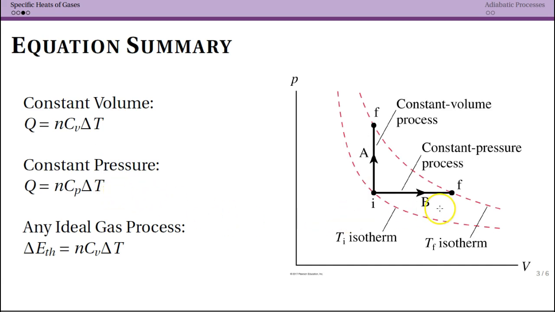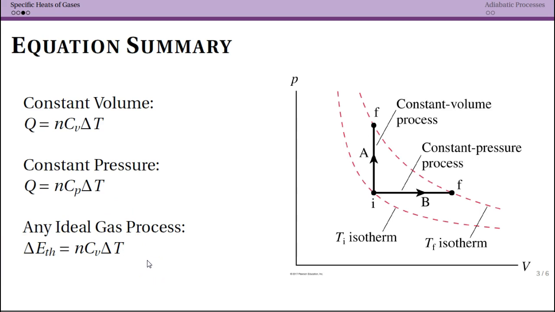If we think about the change in thermal energy, which is related to temperature, in this case, we have to worry about work for the constant pressure process, but not for constant volume. So Q, heat, can't be the single predictor here because we do have to think about work. I think these equations in a way are a little bit silly. If you need one equation to rule them all, it's this equation. This is true for any ideal gas process.